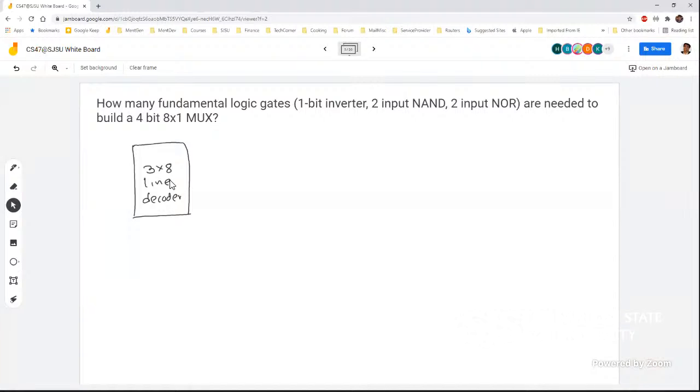So as a general principle, if we are given a problem like an n by 1 mux, we definitely need a log base 2 of n, ceiling, by n line decoder.